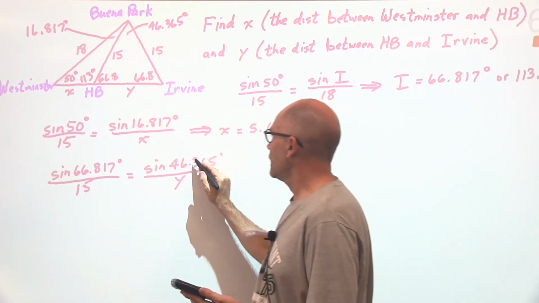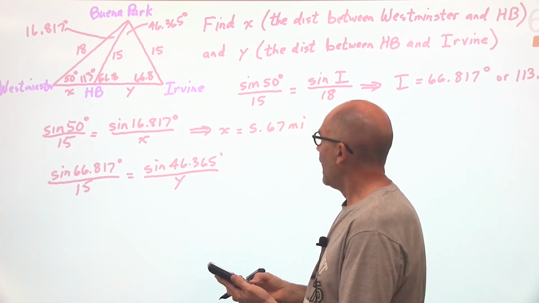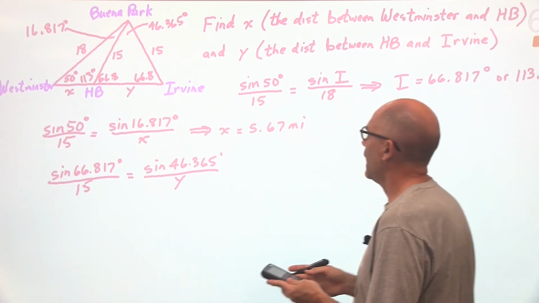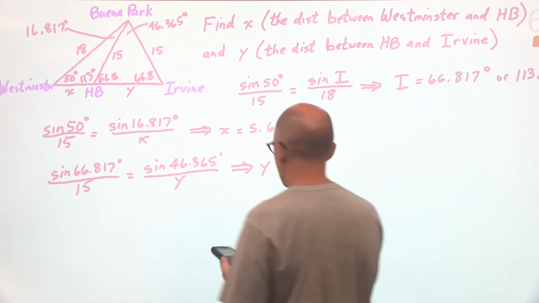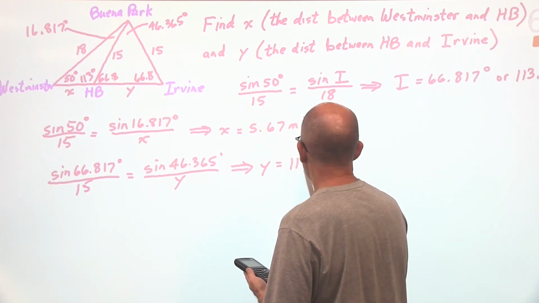So I'm just going to take what's in my calculator times 15, and then divide by sine of 66.817. Y ends up being 11.8 miles.